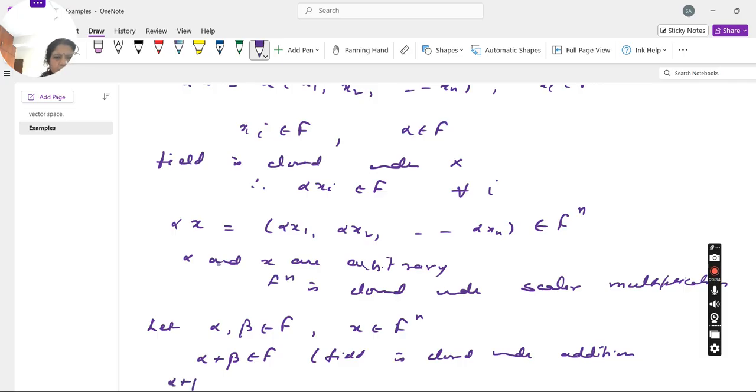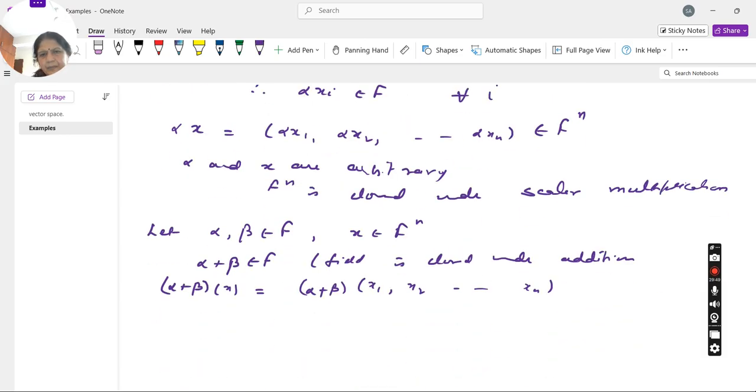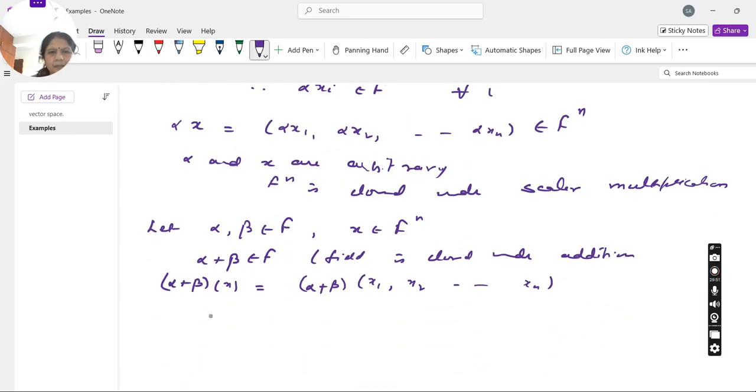So (alpha plus beta) x is (alpha plus beta) (x1, x2, ..., xn), which is written as ((alpha plus beta) x1, ..., (alpha plus beta) xn).